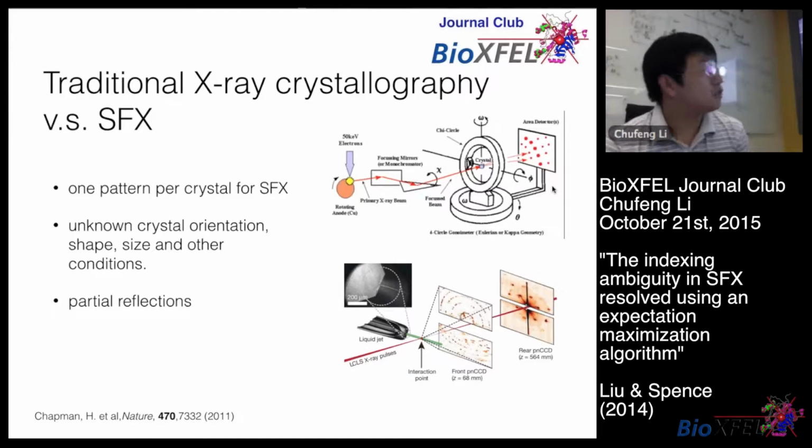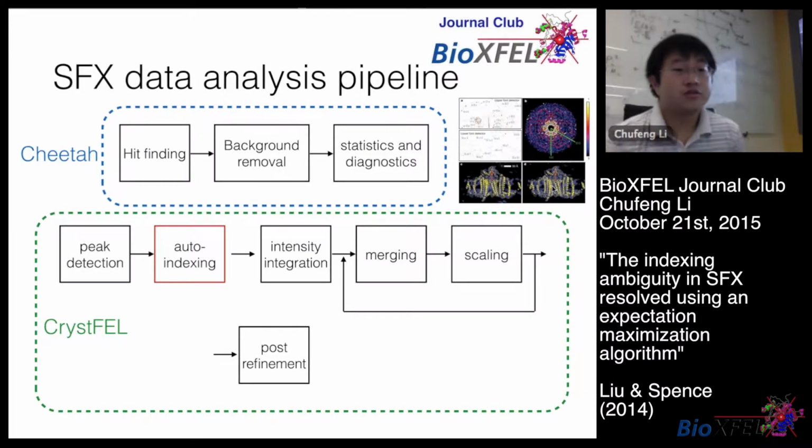To solve the crystal structure, we have to merge all the diffraction patterns from different crystals, and we have many stochastic variables like crystal orientation, shape, size, and some others. Because the X-ray pulse is so short, for each diffraction pattern, only partial reflections are recorded. To solve the crystal structure, we have to merge all the diffraction patterns from different crystals.